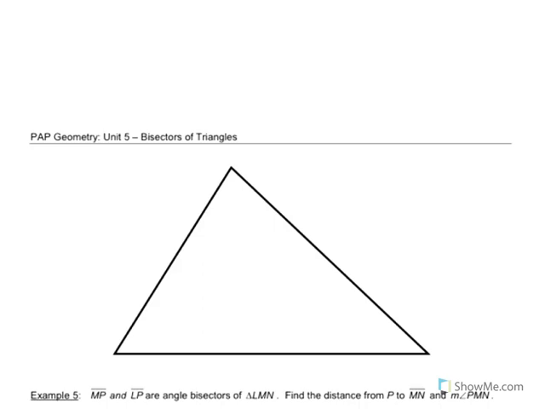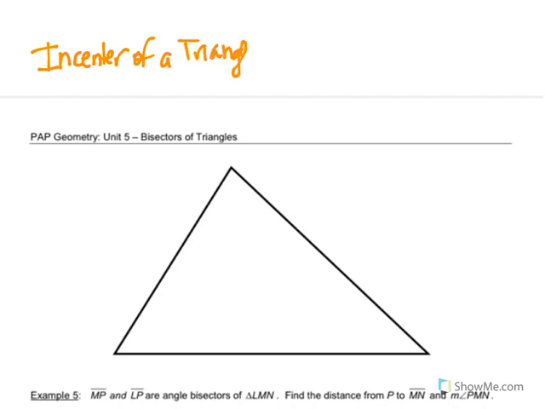Okay, well, I lied to you, because the first thing we have to do is just talk about this triangle right here. Two more vocabulary words. One is the incenter of a triangle. This is different than the circumcenter.